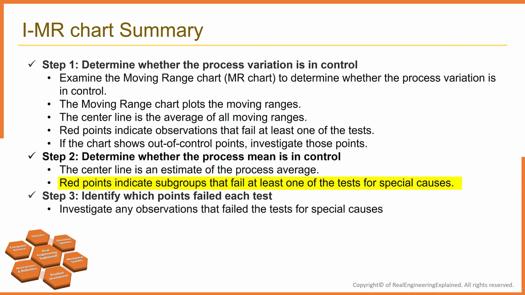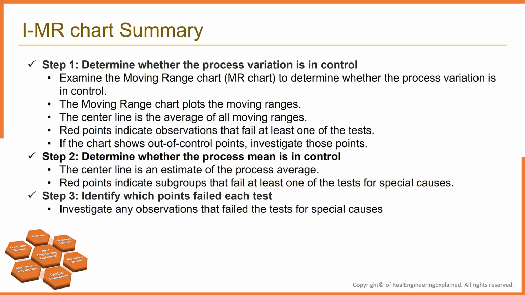Red points indicate subgroups that fail at least one of the tests for special causes and are not in control. If the chart shows out-of-control points, investigate those points.